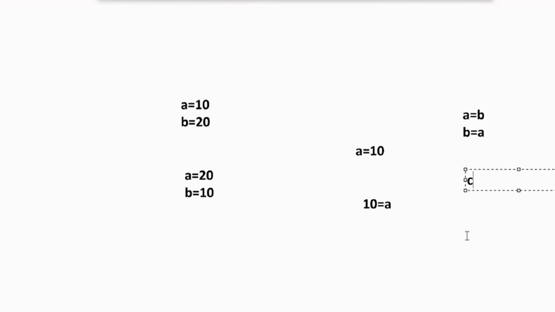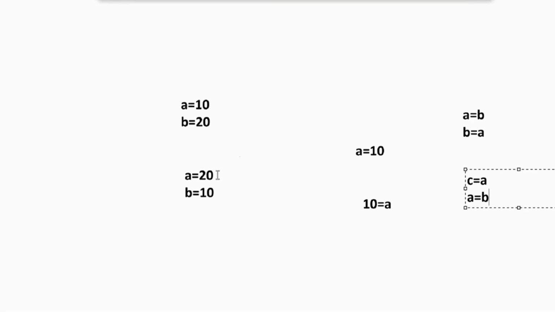Now, what I am doing is, first of all, I am storing the value of my first variable so that the value of A is not lost. So C is equal to A. Now A's value is 10, so 10 is transferred to C. I have saved the value of A. Now I will use A is equal to B. The value of B was 20, so 20 will be transferred to A. That is, A will become 20.